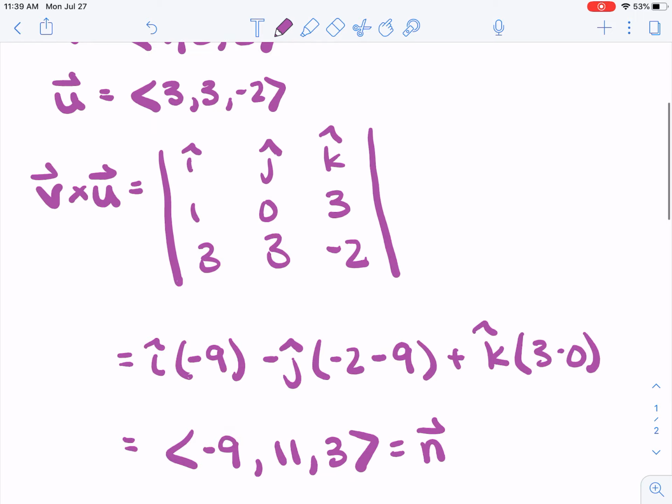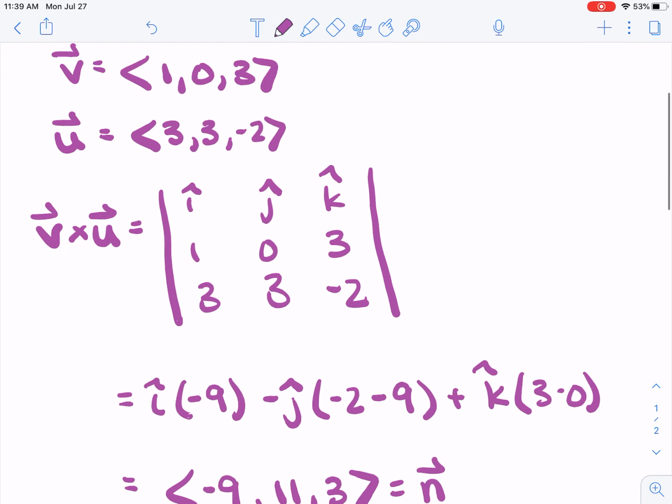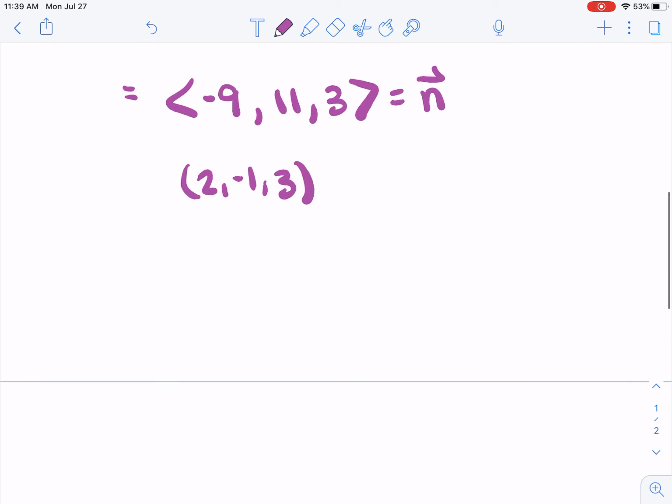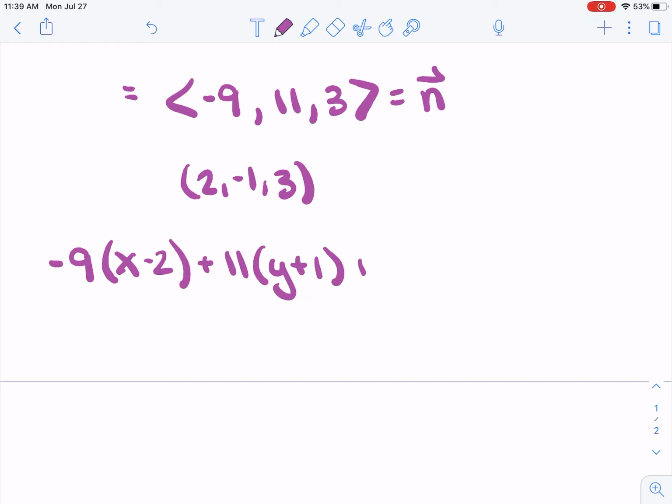So now I can just pick any of the points in the plane. Let's go 2, -1, 3. I have a point and a perpendicular vector. So now I can just create the plane. It's -9 times x minus 2, plus 11 times y minus -1, plus 3 times z minus 3 equals 0.